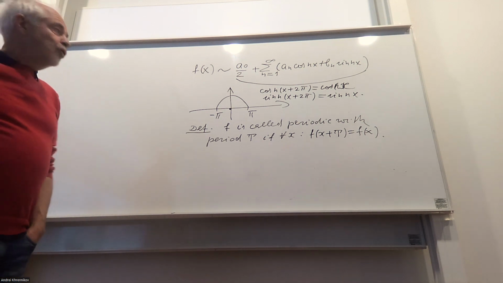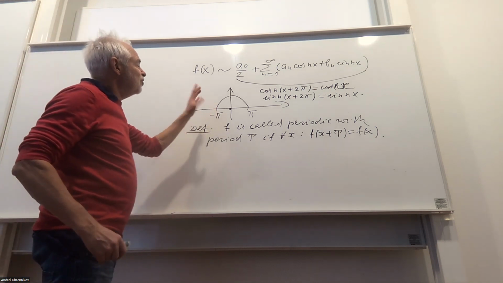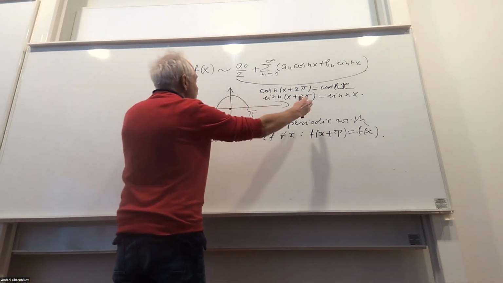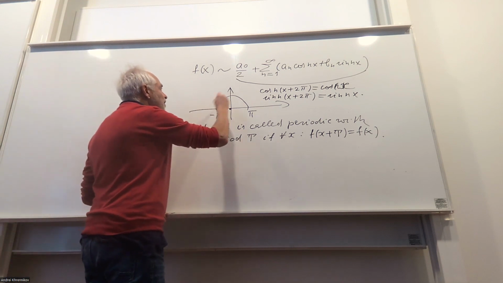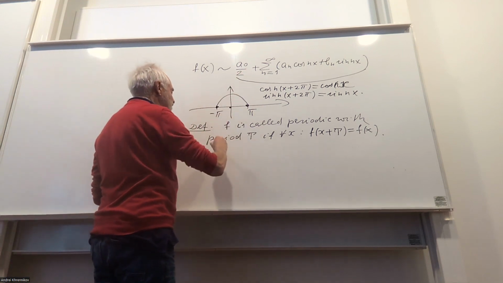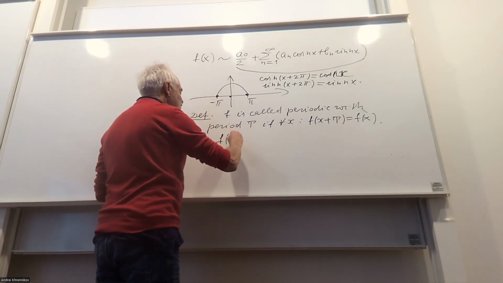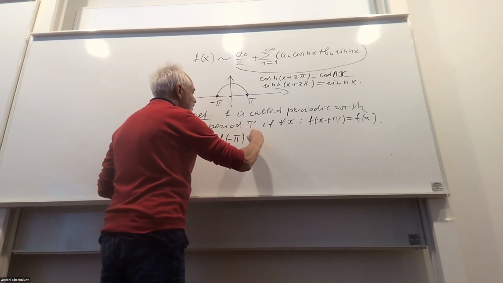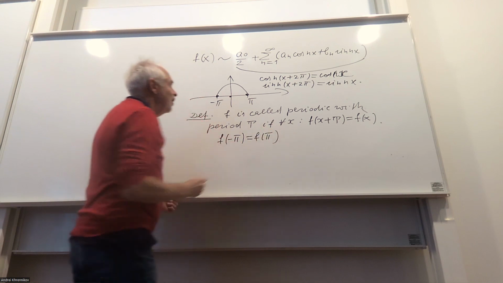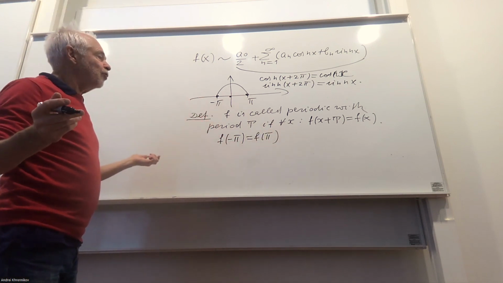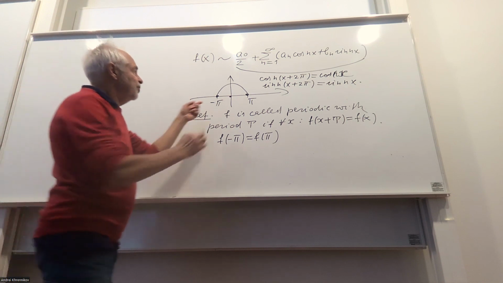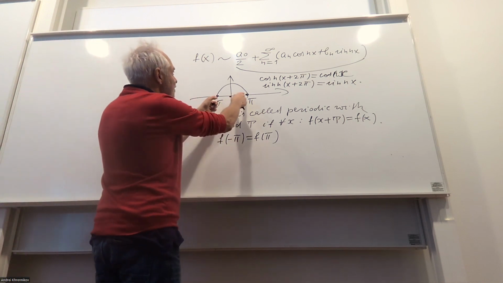But in L2, we did not consider functions on the whole real line. Therefore, the only condition when we go to pointwise convergence would be f(minus pi) equal to f(pi). But then we can continue our function periodically on the whole real line. What is the idea?